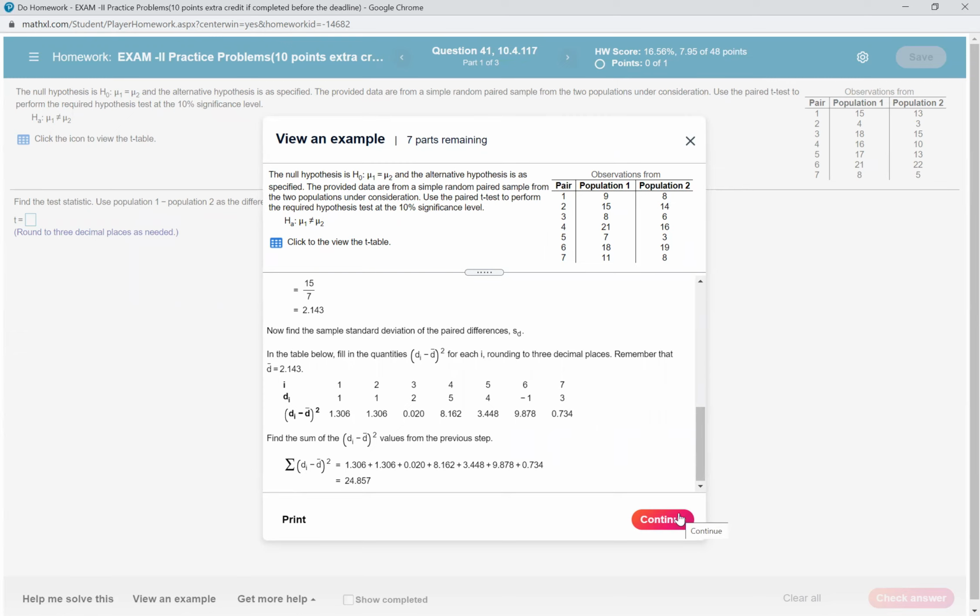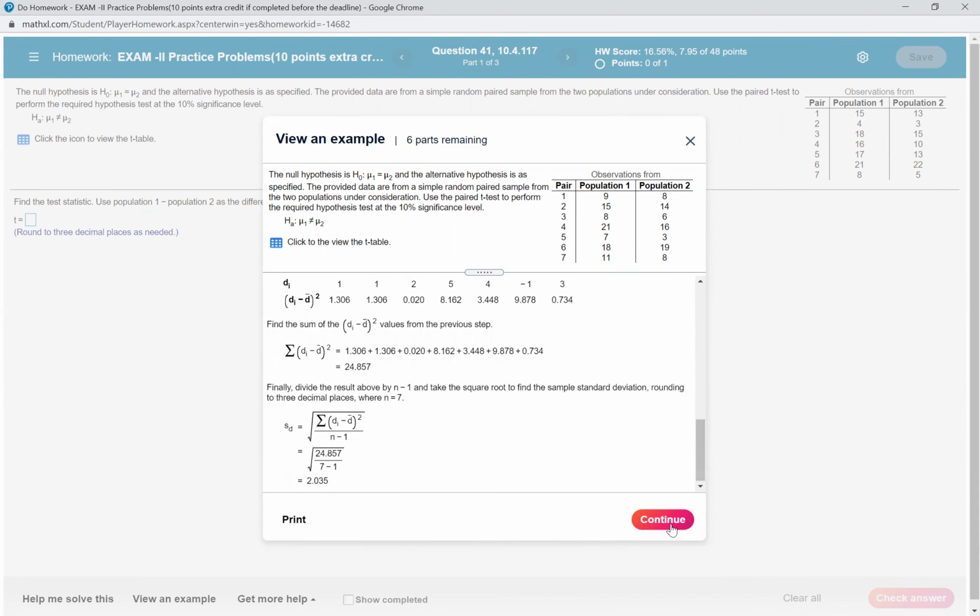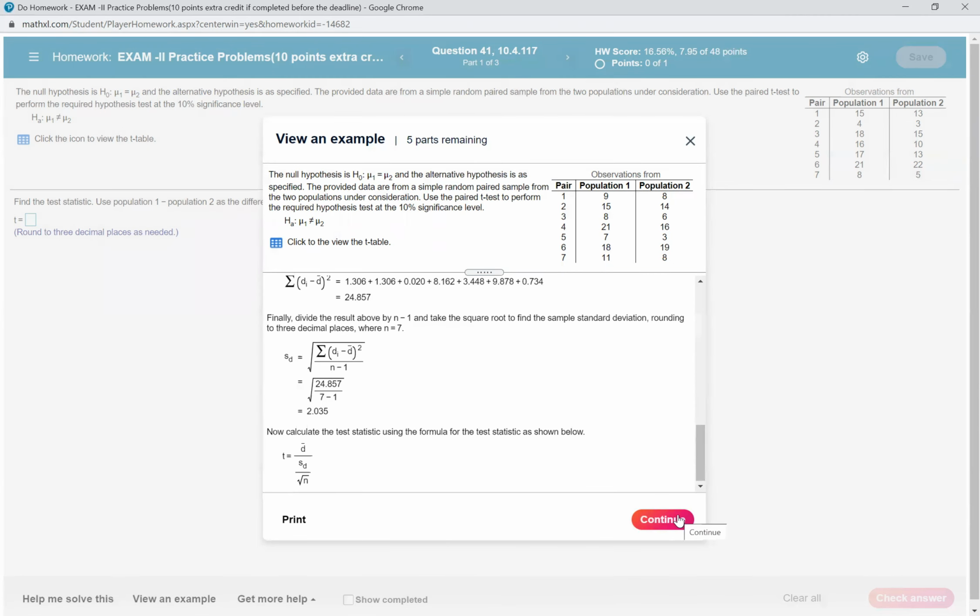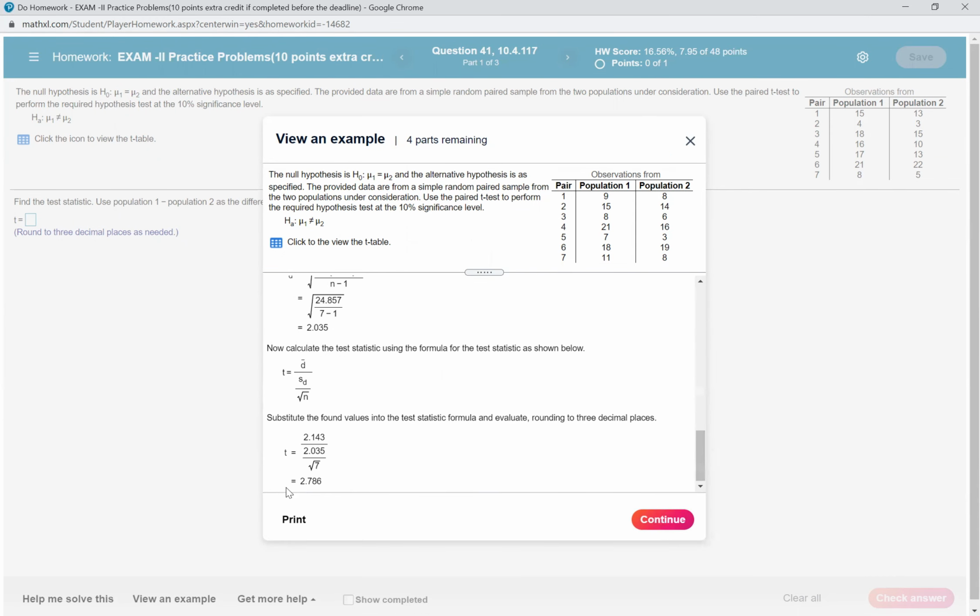You can use a calculator or Excel sheet instead of doing all this calculation by hand, because it will take time. Then they calculated the sample standard deviation of the difference, and this is the test statistic. I use this formula to calculate the test statistic. They found 2.786 for the current example.